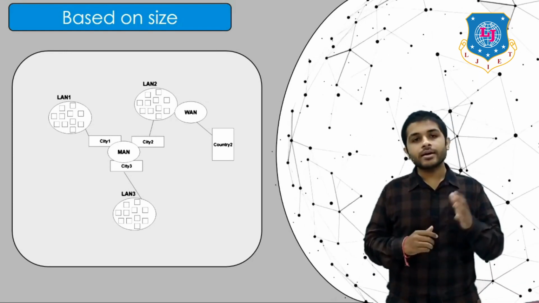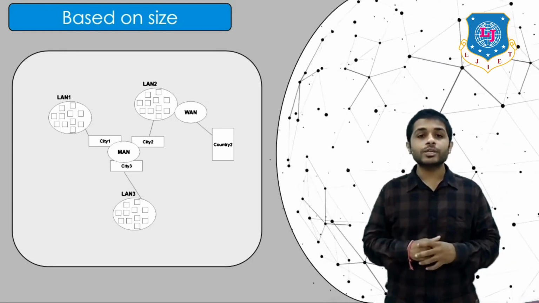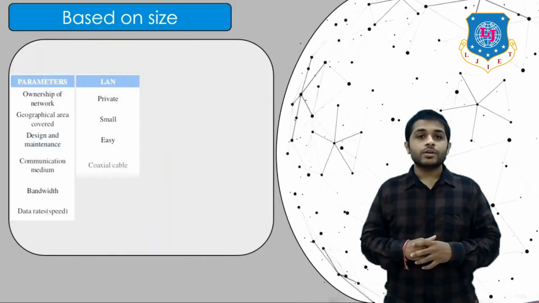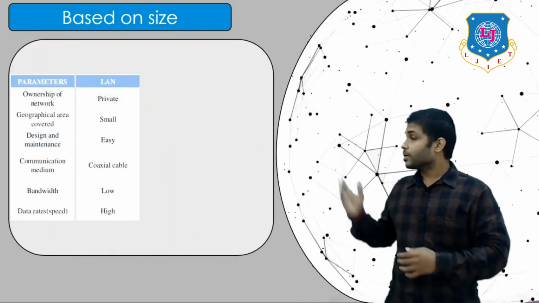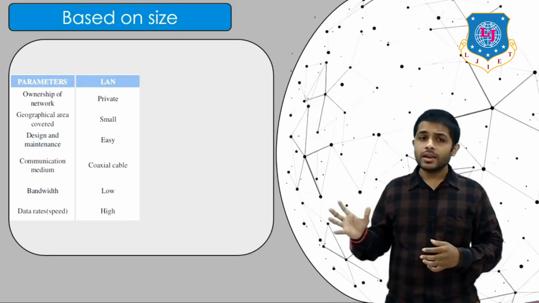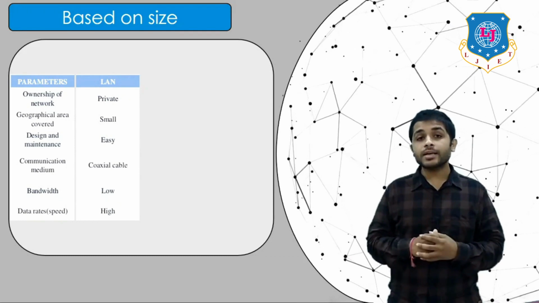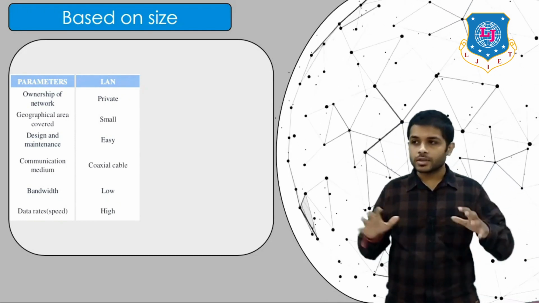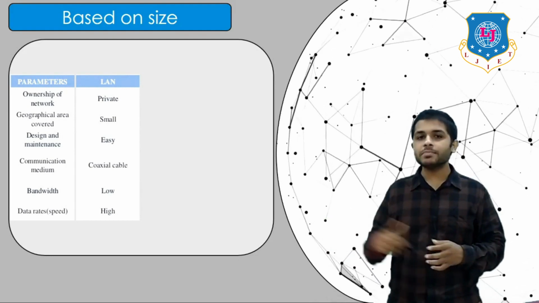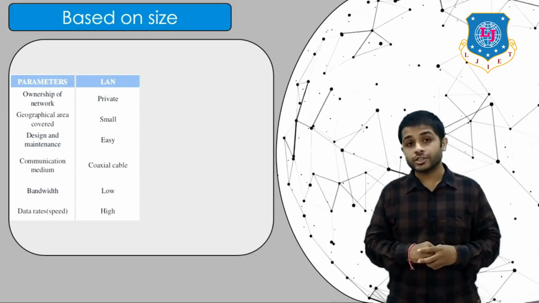Let's compare LAN, MAN and WAN so that you can get a clear idea. So the first example is LAN. In the local area network, the ownership of the network is private. The area covered by that network is also very small because it can be seen at your home or at your college.